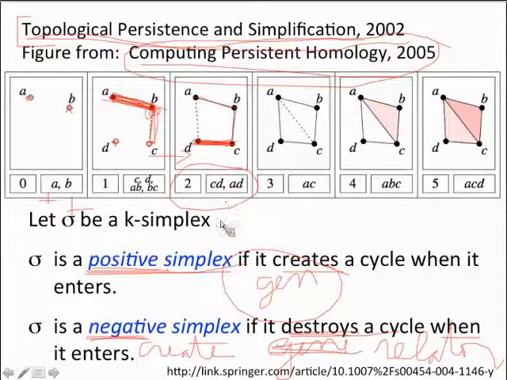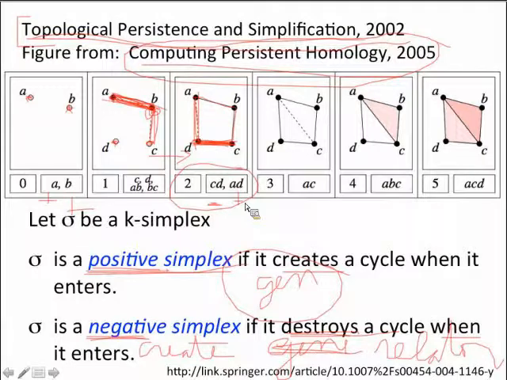So we can say CD is a destroyer, but then when we add in AD, it will now create a cycle, and so AD will be a creator. It will be a positive simplex.